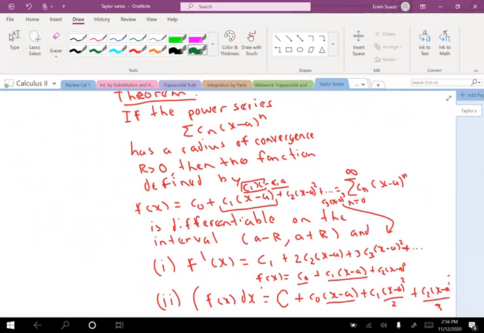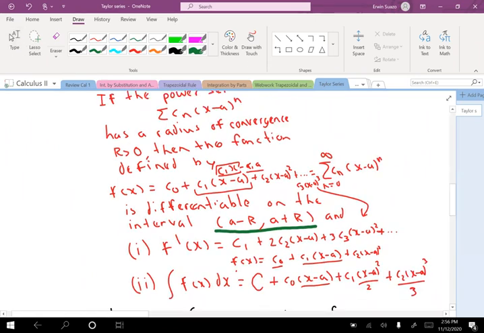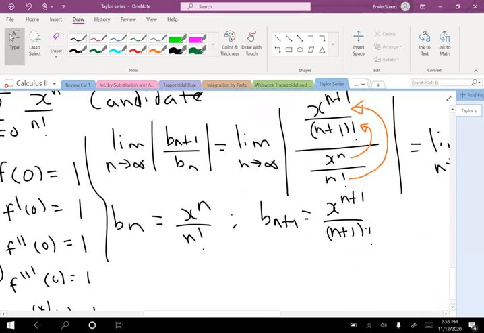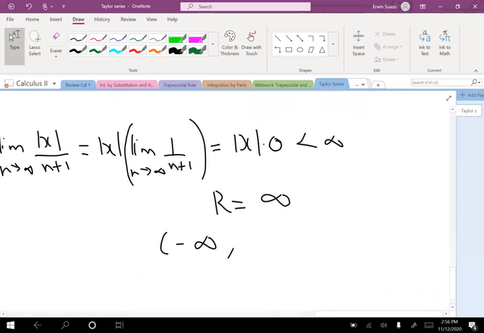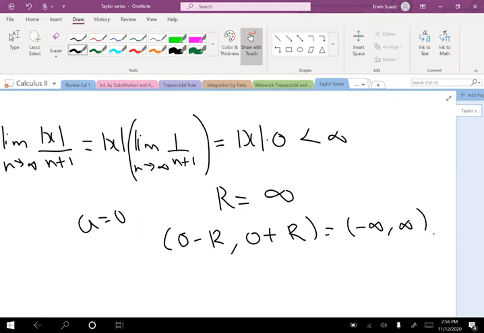So this is a minus r, a plus r. My radius of convergence is infinity, so this is from minus infinity to infinity. If you want, you can write it like the theorem says: 0 minus r, 0 plus r, because a equals 0. But r is infinity, so really this is minus infinity to infinity.